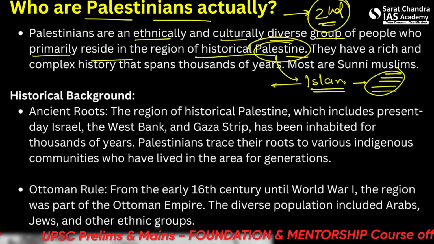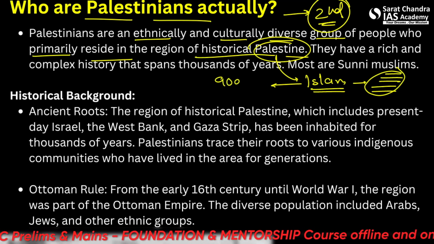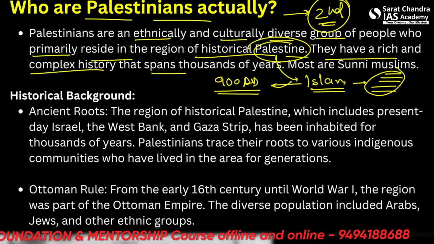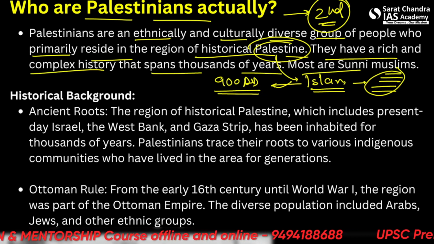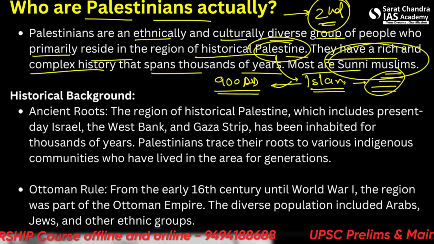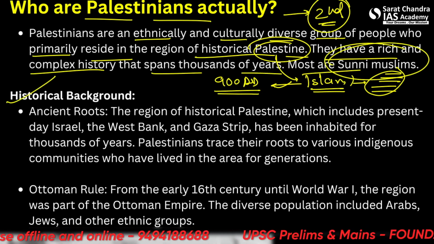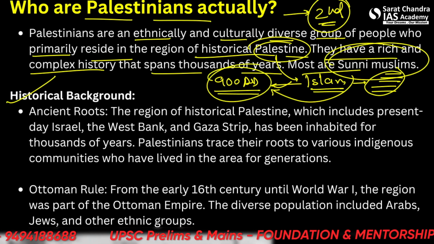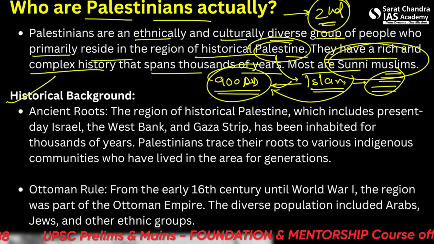This was around 900 AD. They have a rich and complex history that spans thousands of years. Most are Sunni Muslims, who had been converted or came from other regions, maybe Egypt or Iraq and so on.